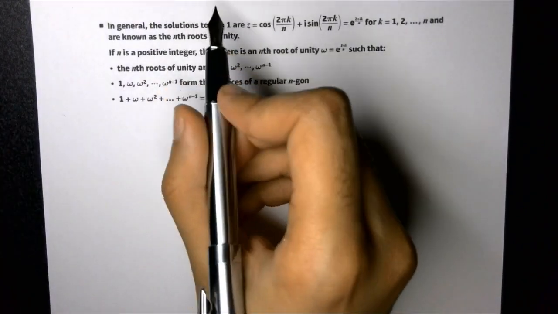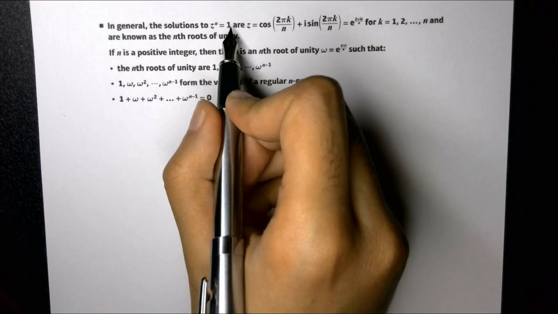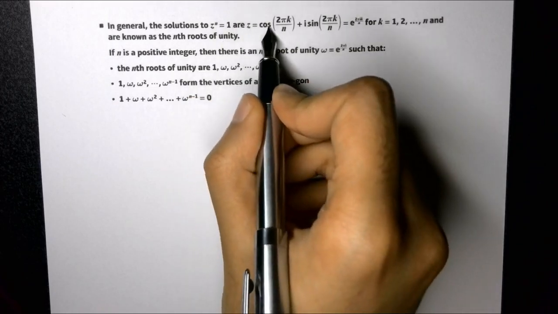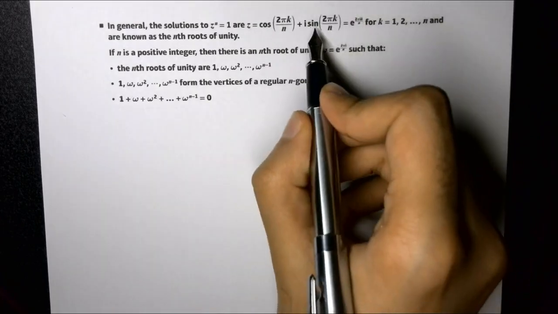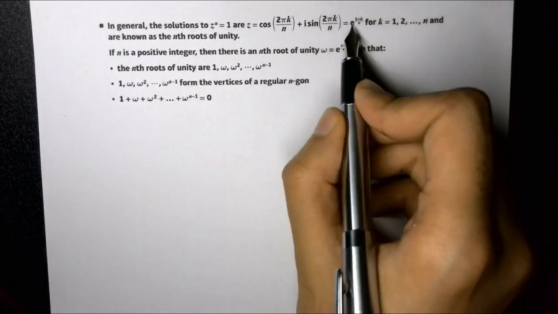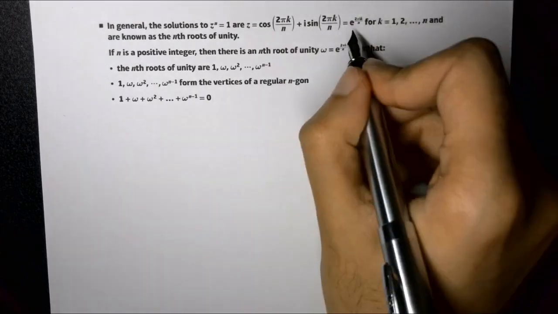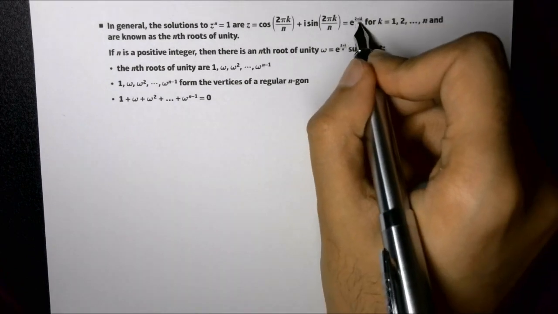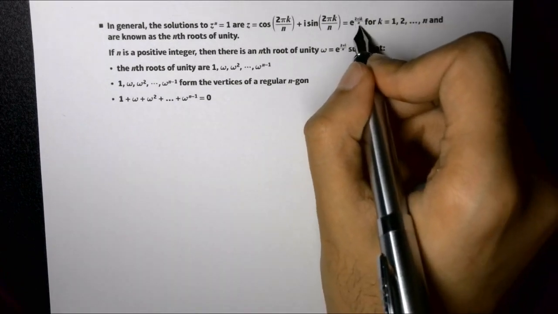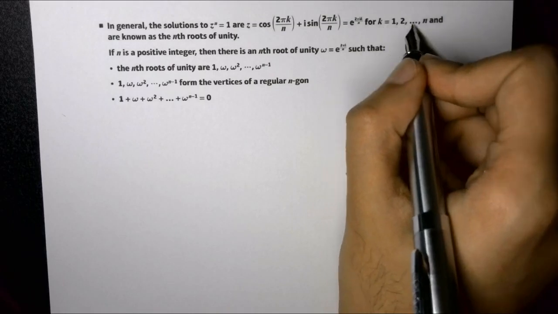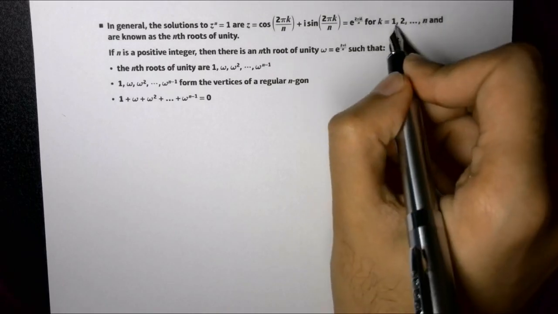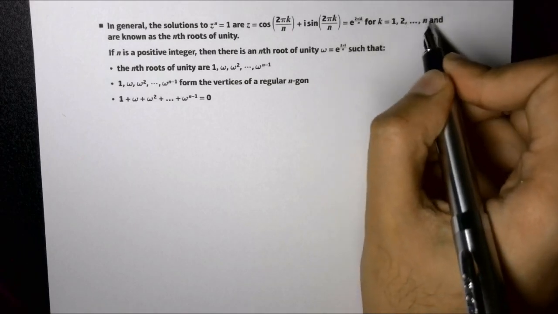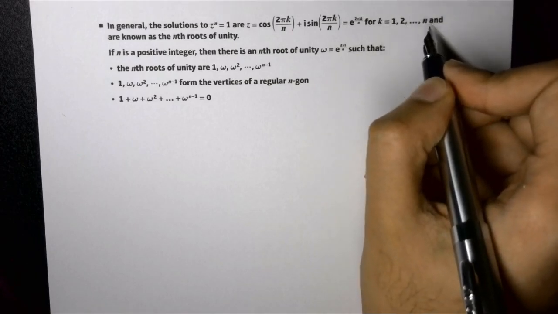So in general, the solutions to z to the n equals 1 are z equals cos of 2 pi k over n plus i sine of 2 pi k over n, and if we write this in exponential form, we have e to the power of 2 pi i k over n for k equals 1 up to n. In the formula book, the only difference is k starts at 0 and ends at n minus 1, and I showed you that in the example.